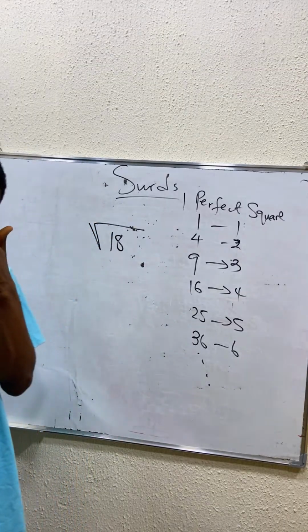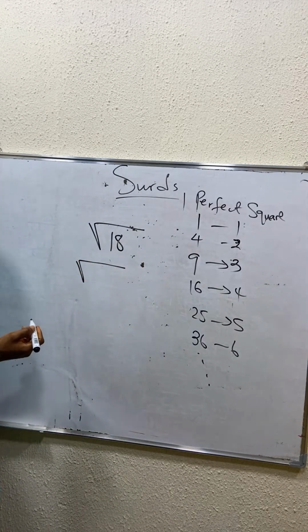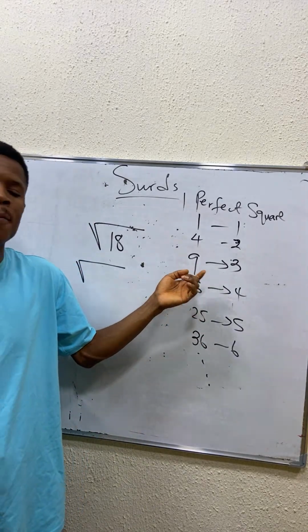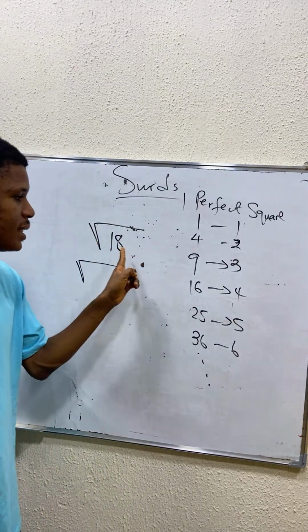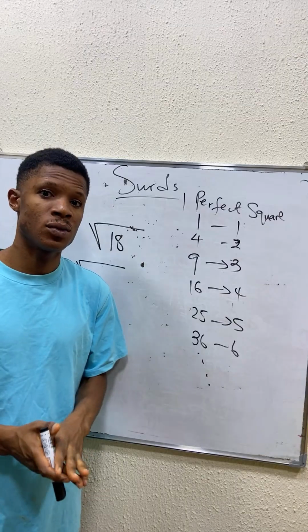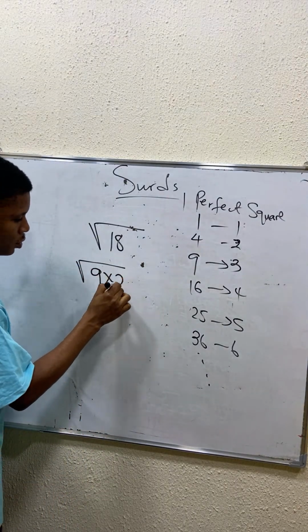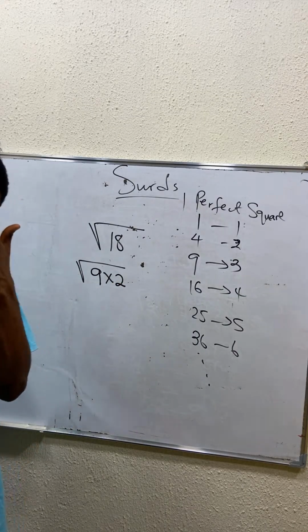If you look at the list of the few perfect squares we have here, we have 9. When you multiply 9 by 2, you get 18. 9 is the perfect square, 2 is not. So you do 9 times 2, which is 18.